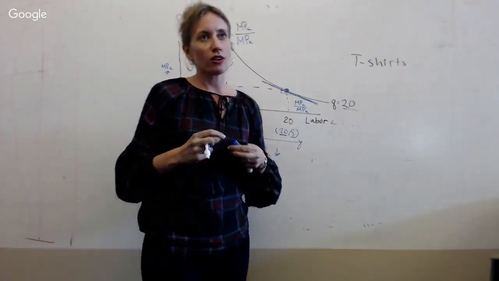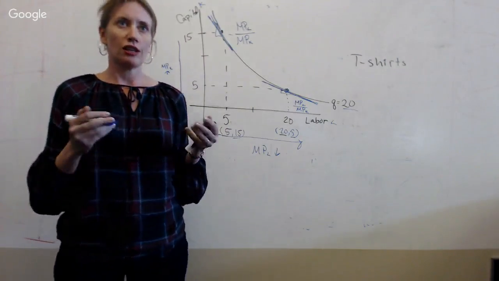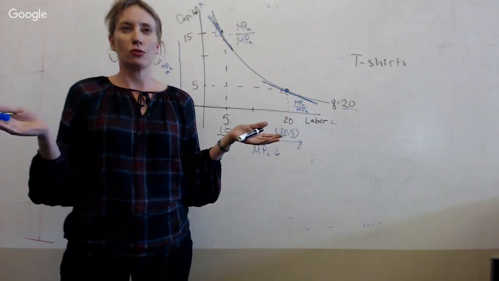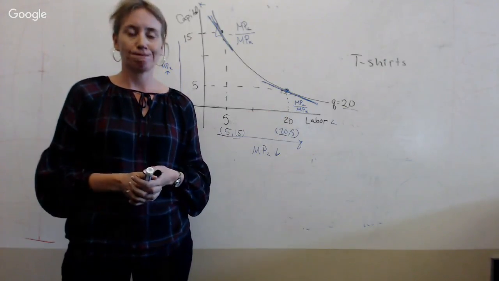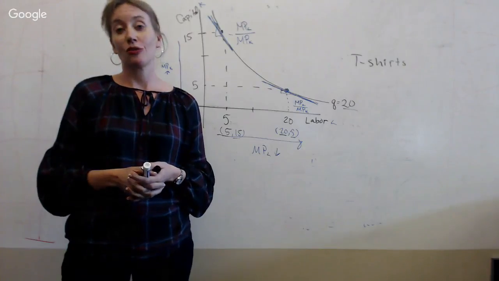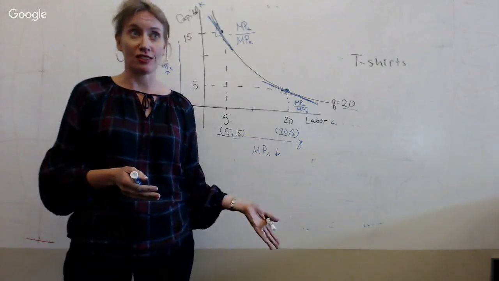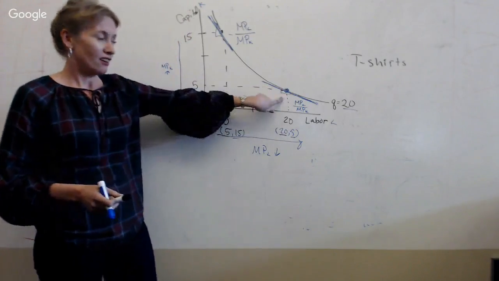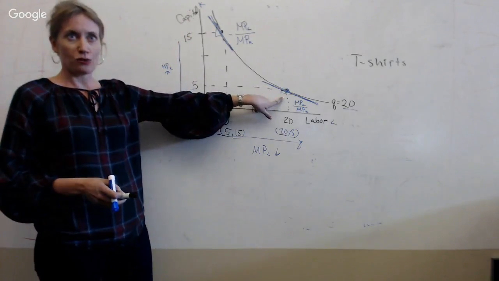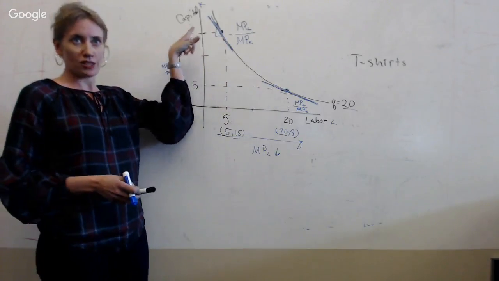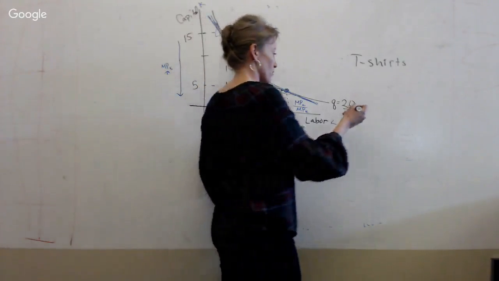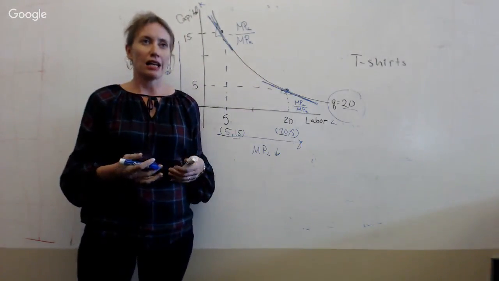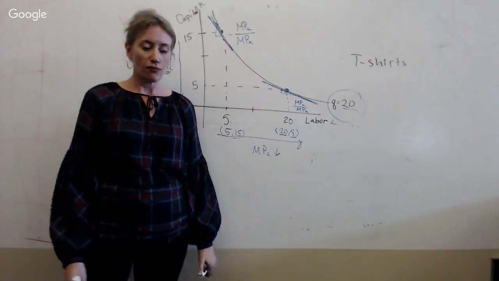So how many workers and how many machines should our t-shirt producer hire? What information do we need to answer that question? We need to know how much workers cost and how much machines cost. So before we can say, aha, our firm should use this quantity of inputs or this quantity of inputs, provided it wants to produce 20 t-shirts per hour, we need to know how much labor and capital cost.